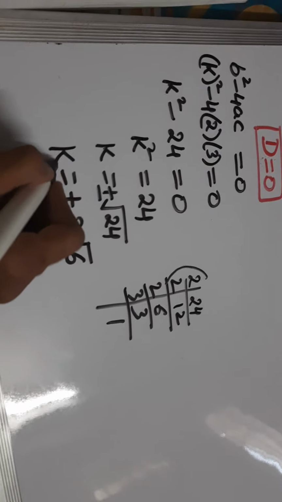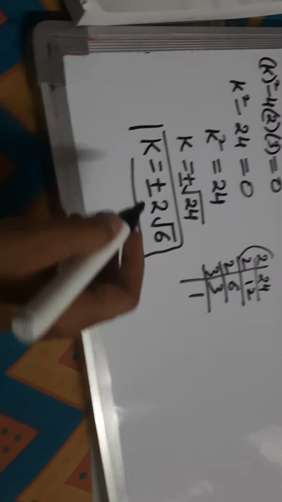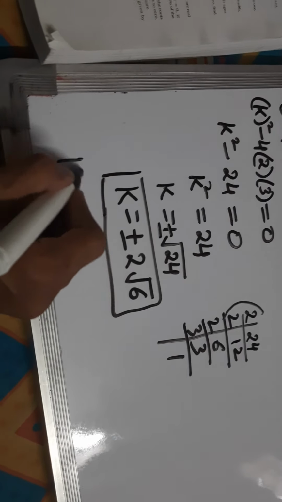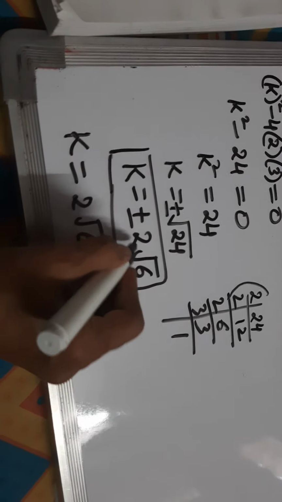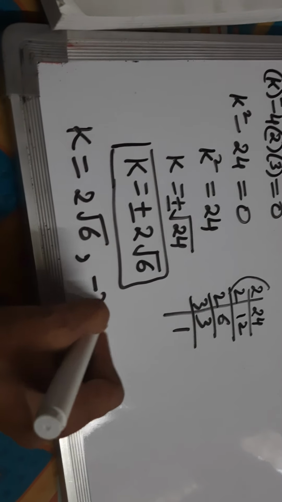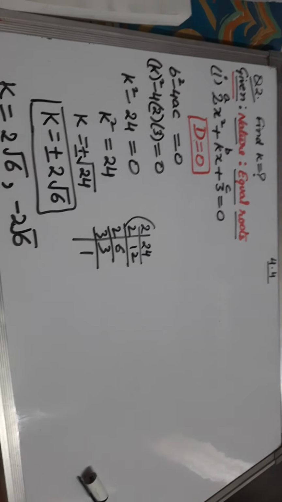So in this way you will get two values of k, because the k is having 2 degree. So as you all know, whenever 2 degree is there, we must get two values. One is plus 2 root 6 and other will be minus 2 root 6. So I hope it is clear to you.